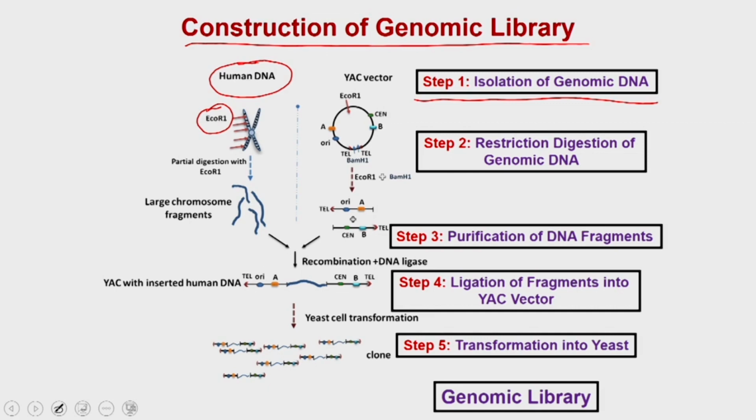So, in step 2 you are going to create fragments of the genomic DNA, which can be done by simply restriction digesting the DNA with a suitable restriction enzyme.